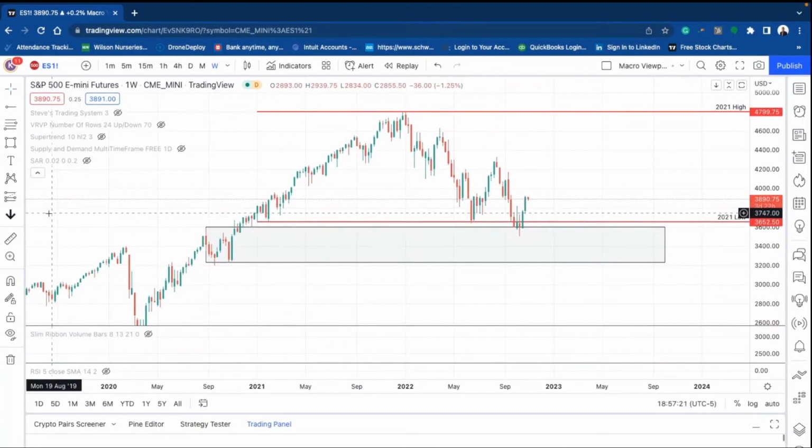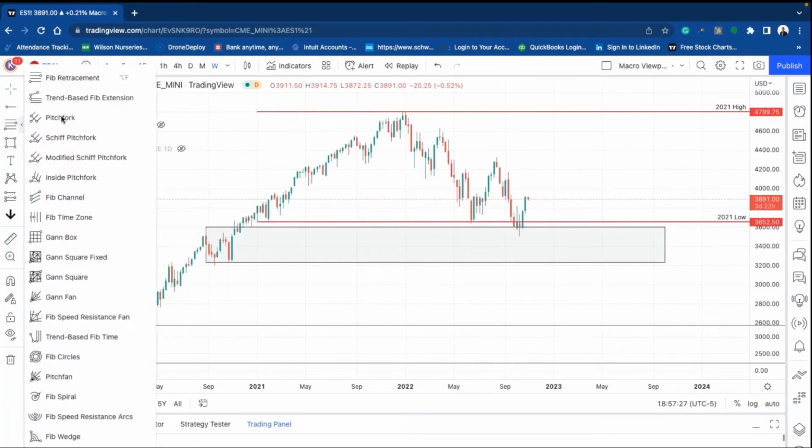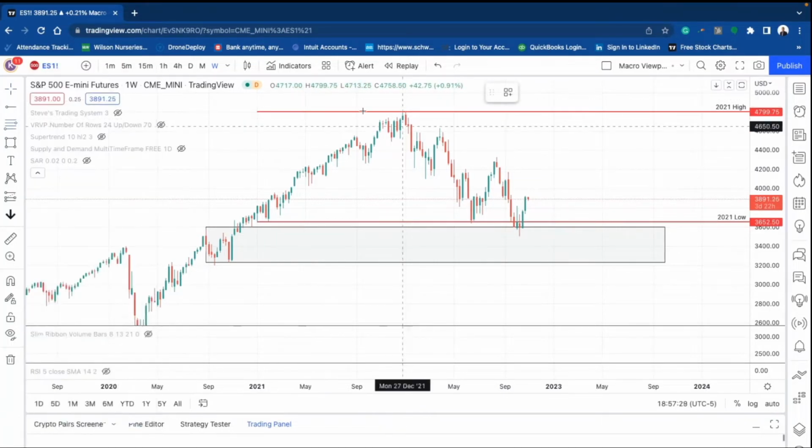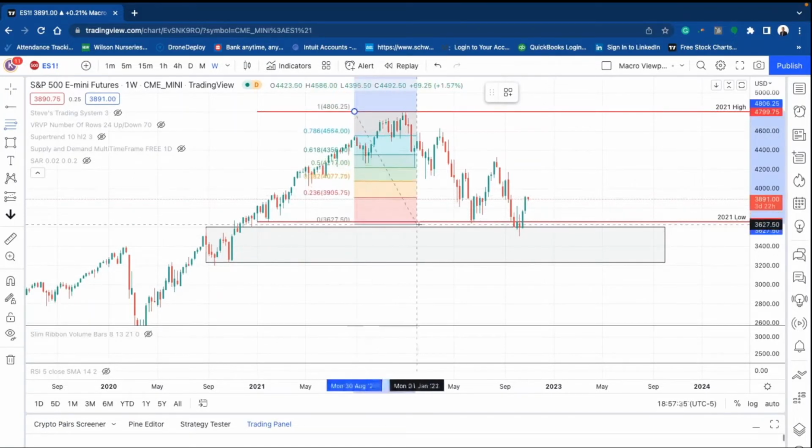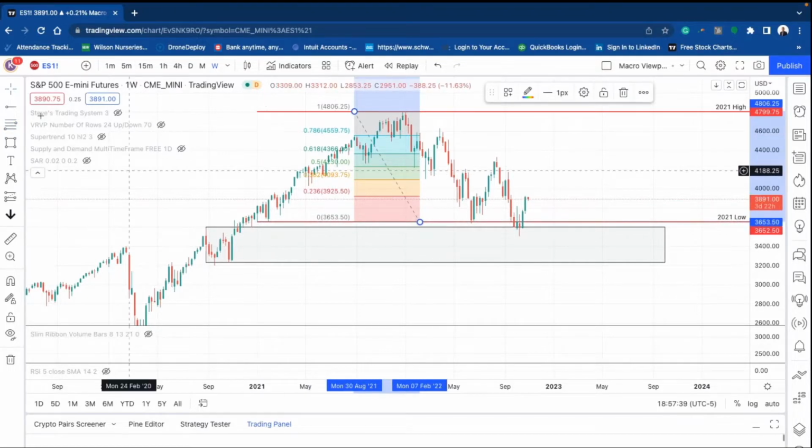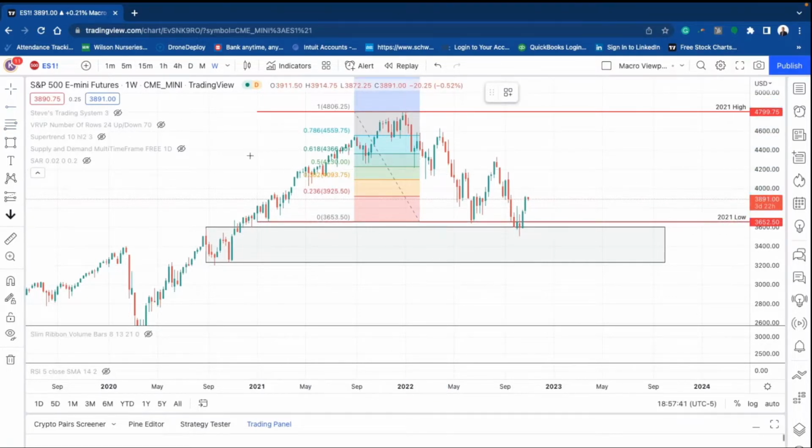One thing that I like to do when I get down to the weekly is grab a Fibonacci line to figure out my 50% area in this range, because that tends to be an area that's respected on the charts. So what is this? 4230? 4230.